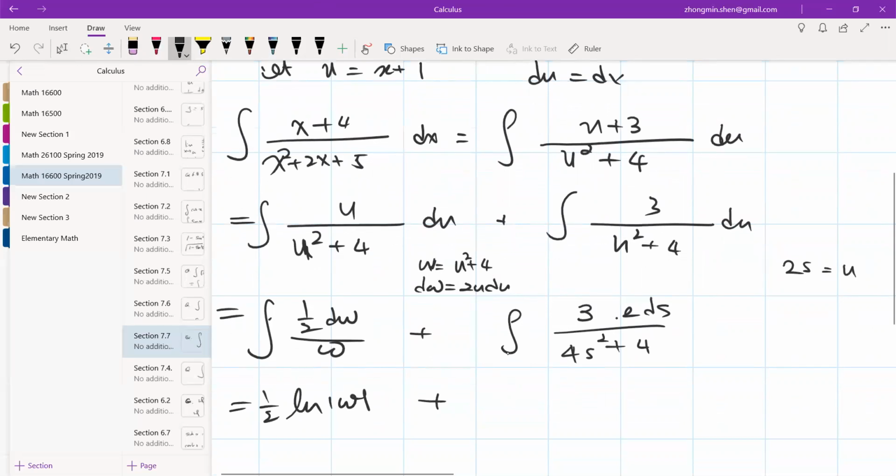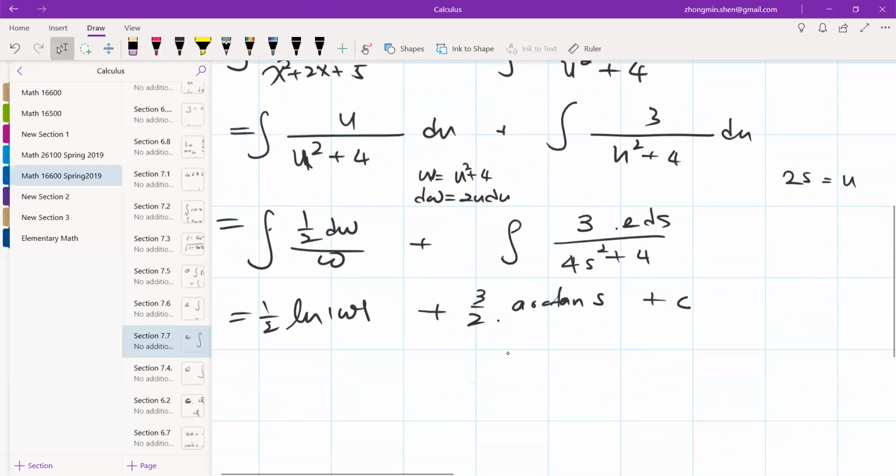The other side, let's take a constant out, 3/2. So this will be the integral of 1 over s squared plus 1, which is arctangent s plus c, right? The derivative of arctangent s is 1 over s squared plus 1.